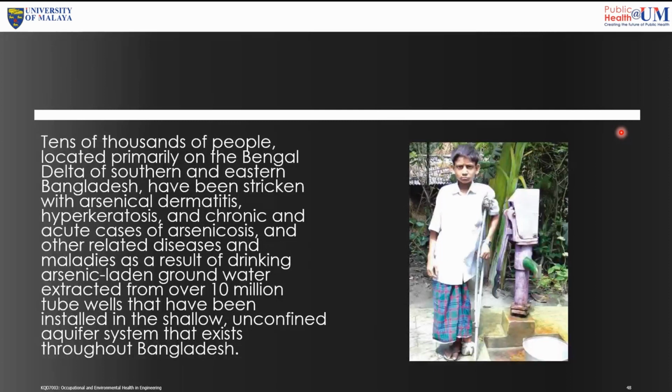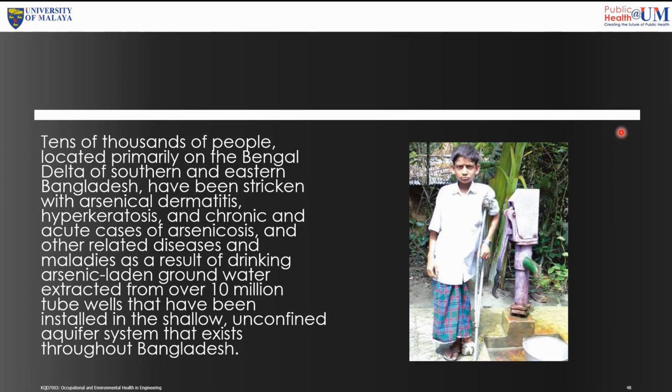So this is just an example of a case where a lot of chemicals are present naturally in the environment. So when you want to extract certain food or certain liquid, certain water, sometimes when you're extracting it, you're extracting it along with the chemicals.